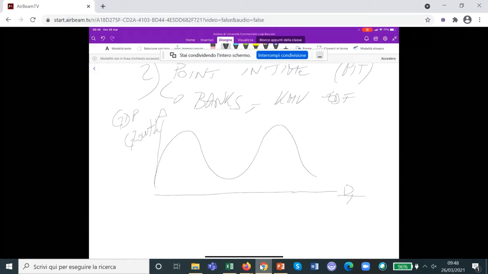Now, basically, the idea is for the rating agencies, they try to stress the conditions of the borrower and see how he would behave assuming a downturn. So even if we are here, we are assuming that we are here. And if we are here, we are assuming that we are here, okay?